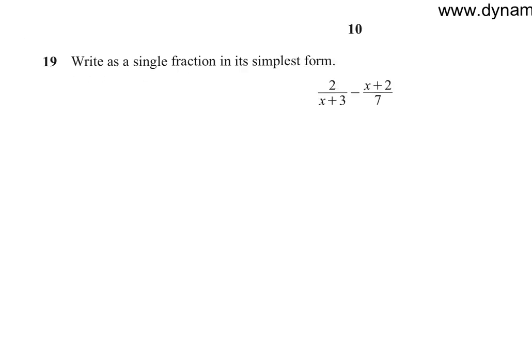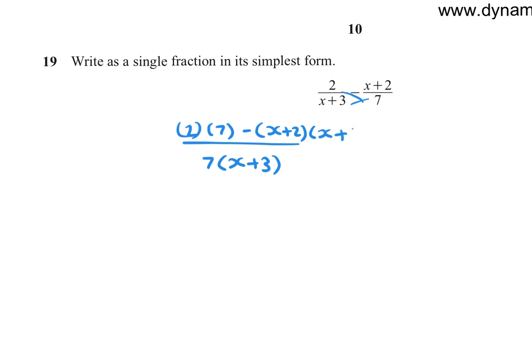Number 19, write as a single fraction in simplest form. So multiply the denominators, 7 times x plus 3, and cross multiply to find the numerator. So 2 times 7 minus x plus 2 into x plus 3.